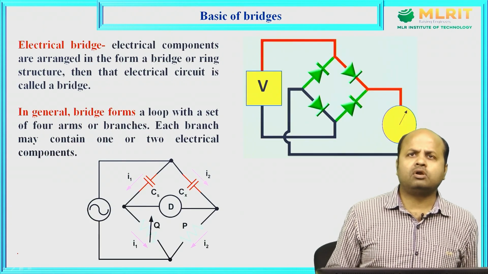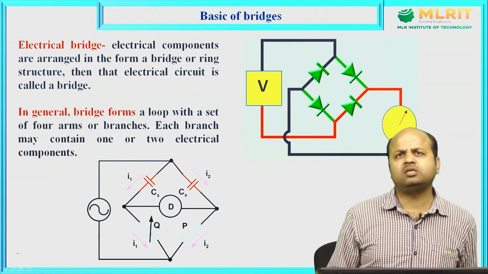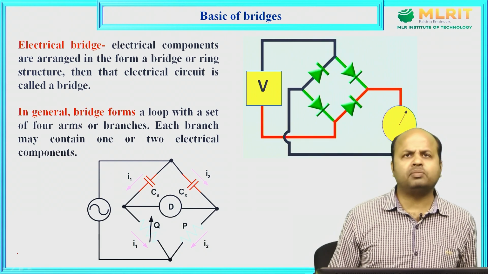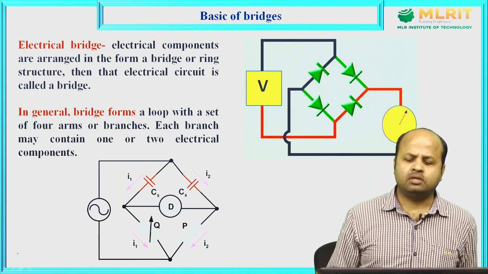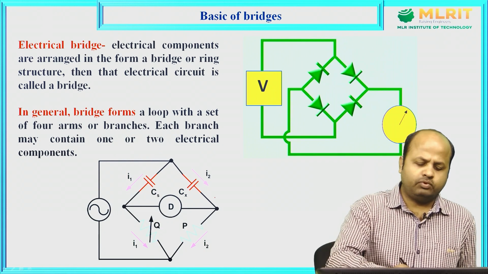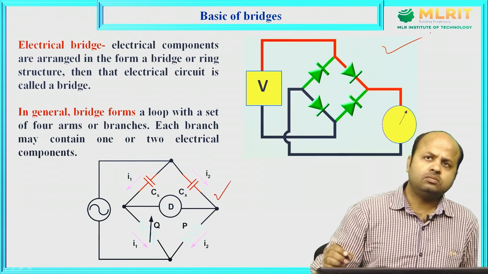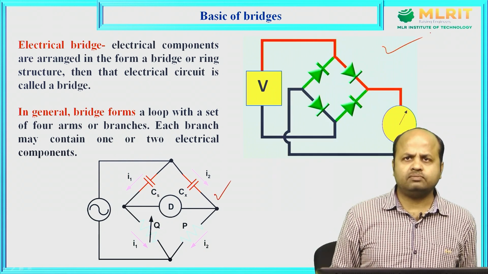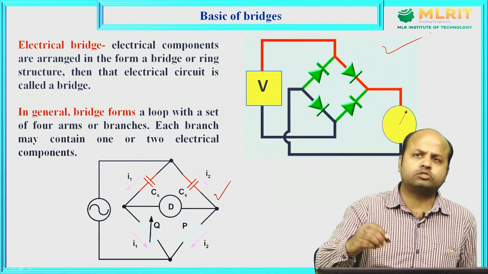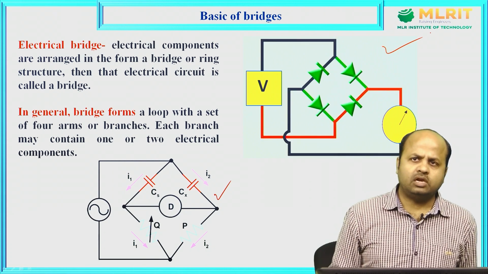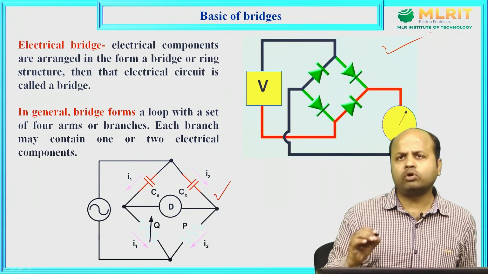So first of all, I would like to discuss the basics of bridges. What do you mean by electrical bridges? As in the diagram, we can see that electrical bridges are nothing but a closed loop electrical circuit having 4 branches.